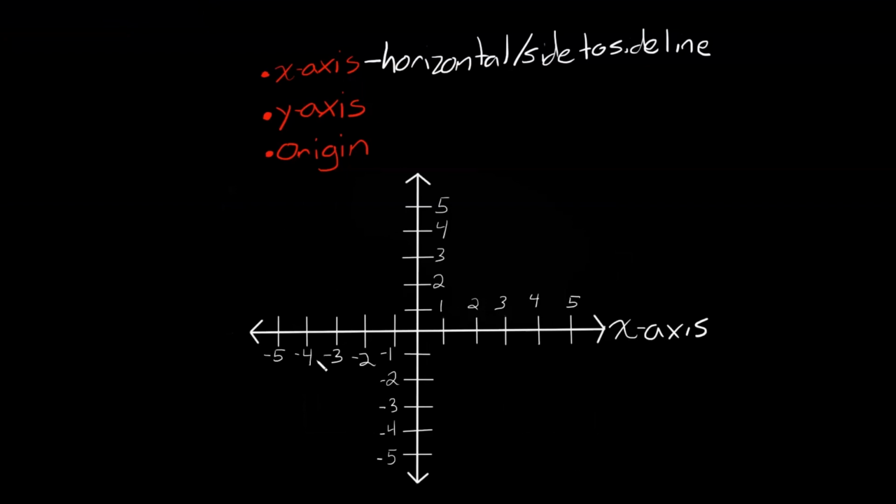You could think of the x-axis as a really long road that you could travel along in either the left direction or right direction. And then this other line here is the y-axis. So I'll write vertical, because that's what horizontal and vertical are. Horizontal is sideways, and vertical is up and down. You could think of the y-axis as a really long ladder that stretches across the road.